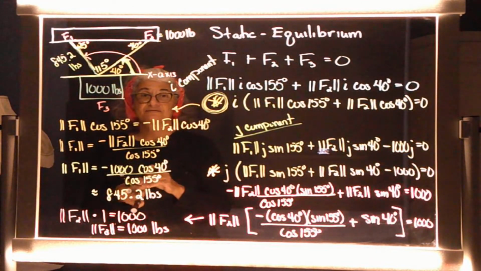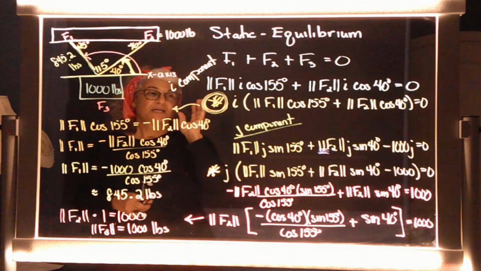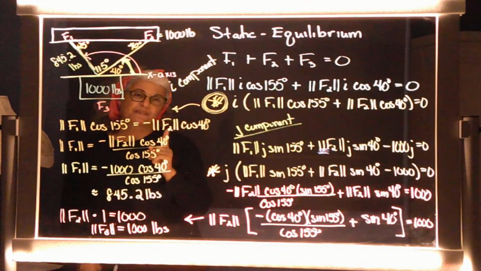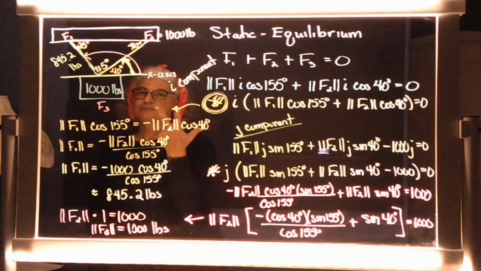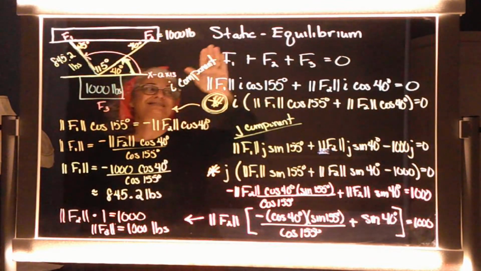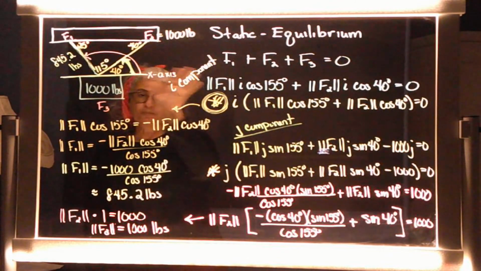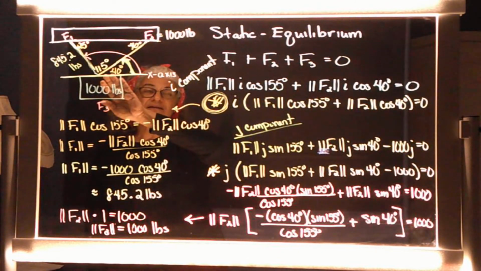Cool? Here's the deal about this problem. You had to set up 3 vectors. That was simple enough to do. But then you needed to know one little fact, and the one little fact was static equilibrium. Because this is static, the weight's not moving.